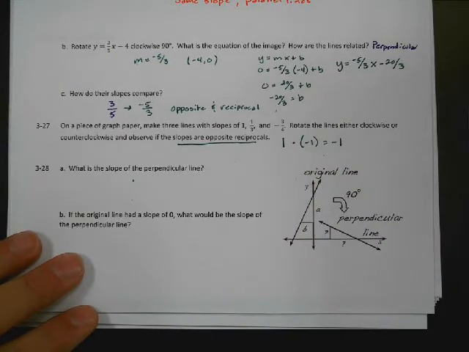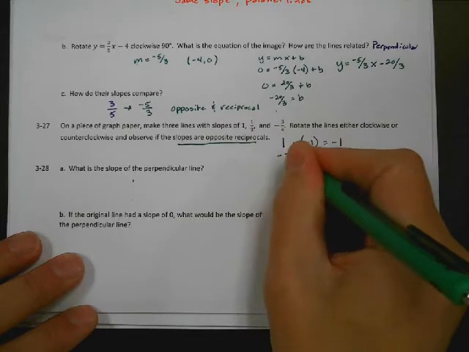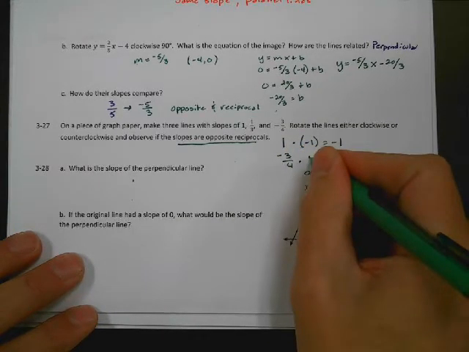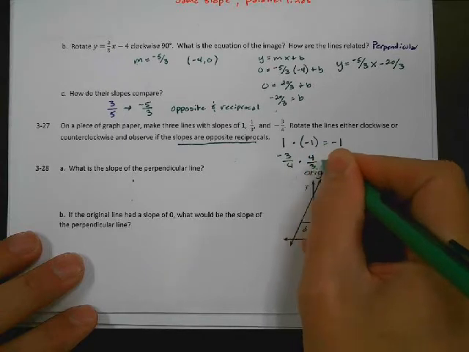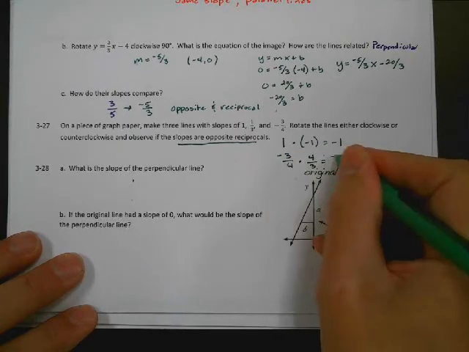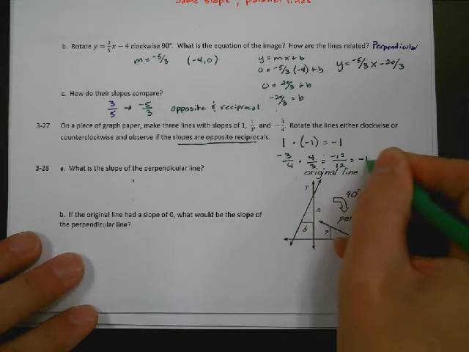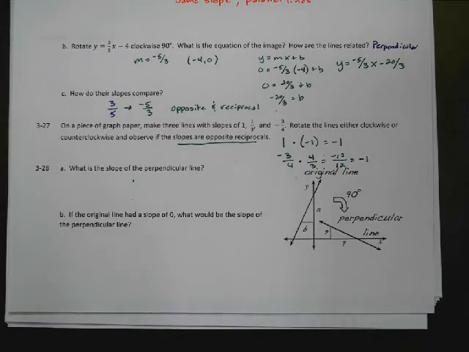The other one we had -3/4, and our other slope was 4/3. Multiply these going across, and you get -12/12, which is -1. So anytime you have opposite reciprocal slopes, their product, so multiplying the two slopes, will always be -1 when they're opposite and reciprocal.